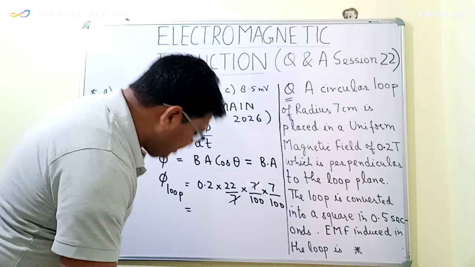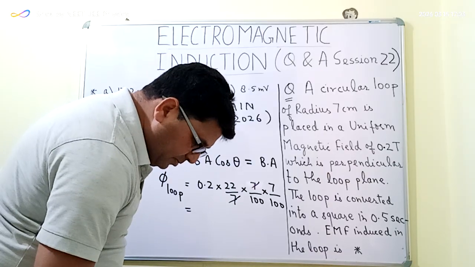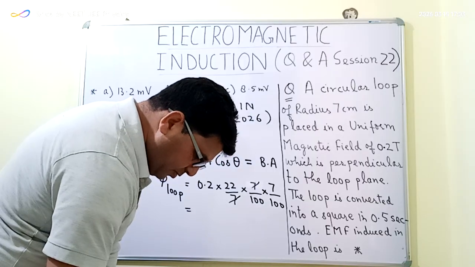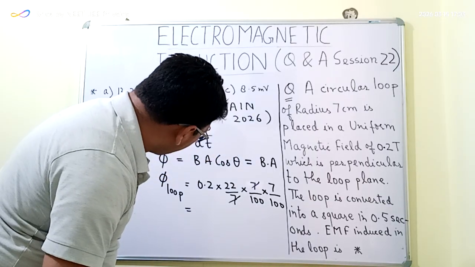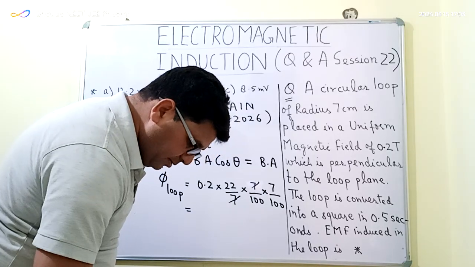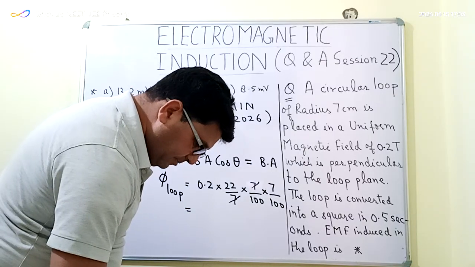0.2 into 22 into 7, this is equal to 22 into 0.2 into 7. This is equal to 30.8 divided by 10,000.